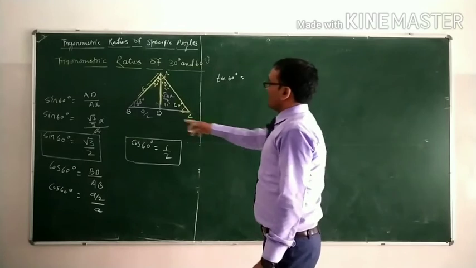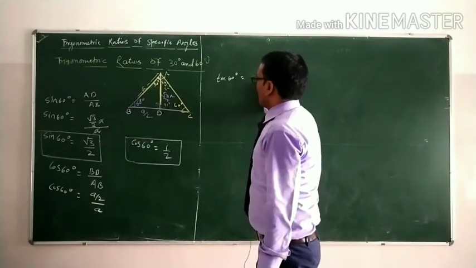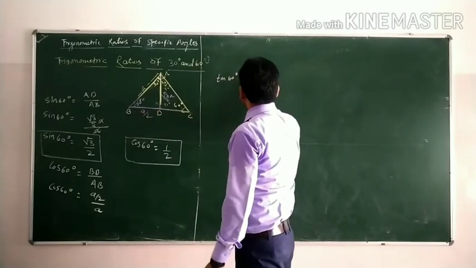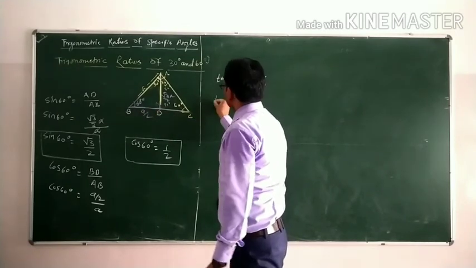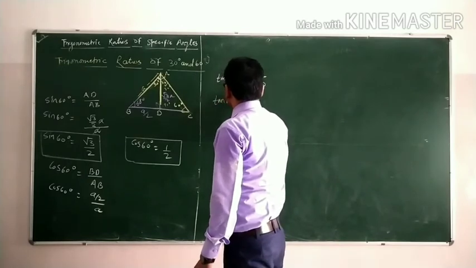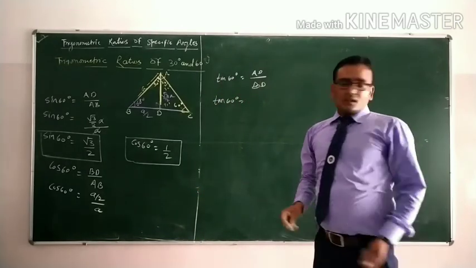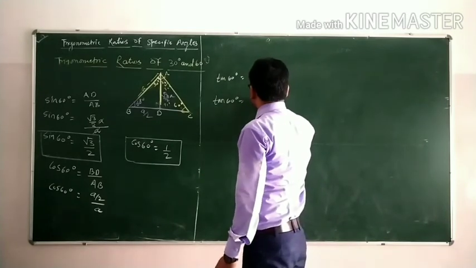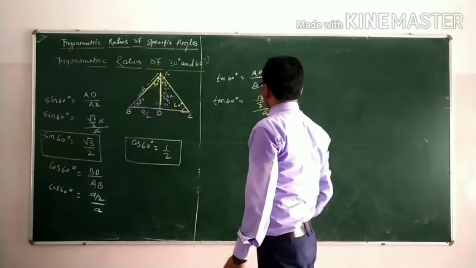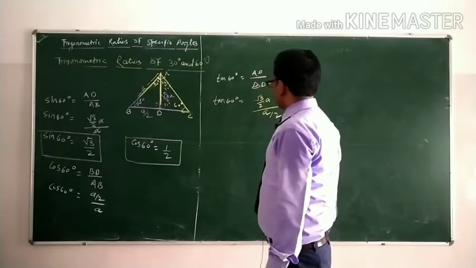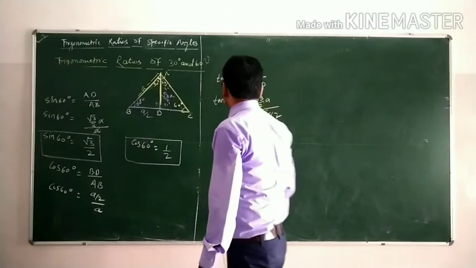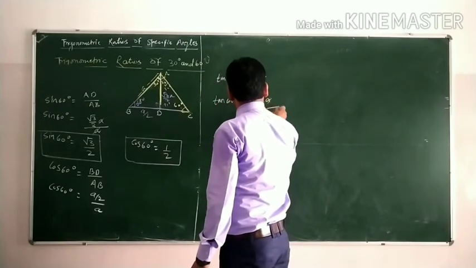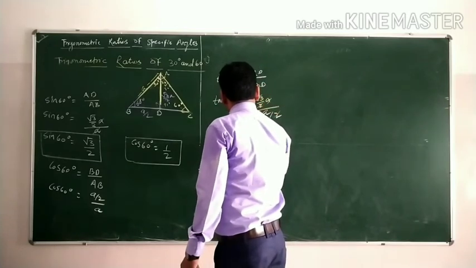For angle 60 degree, perpendicular side is AD and base is BD. The value of AD is square root 3 by 2A upon A by 2. The value of BD is A by 2. Tan 60 degree is A cancel, 2 cancel, square root 3.